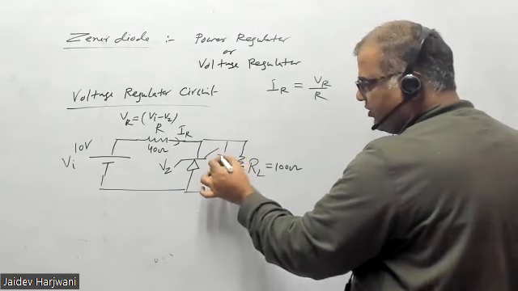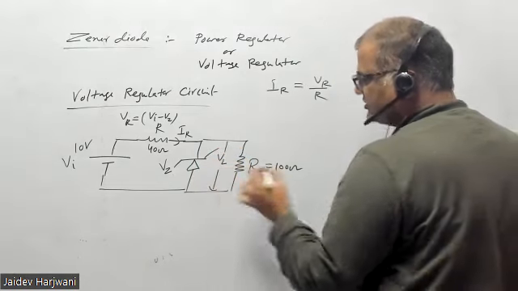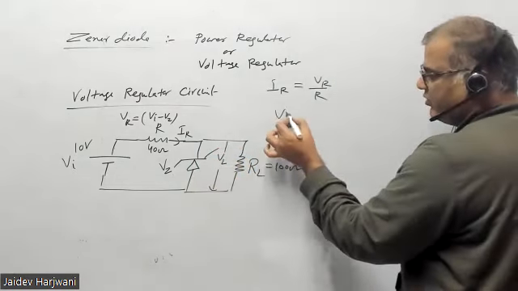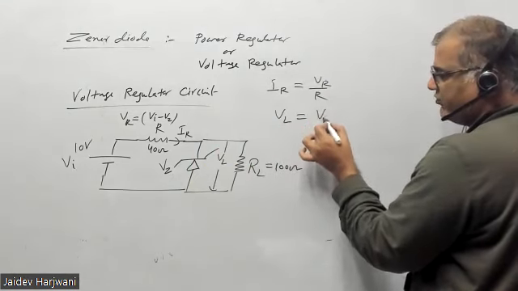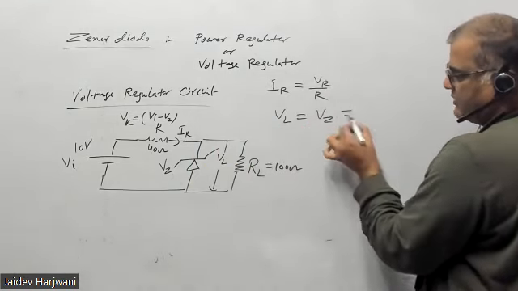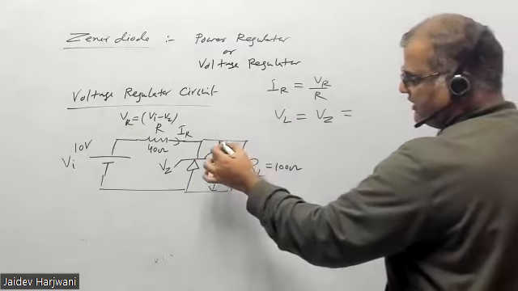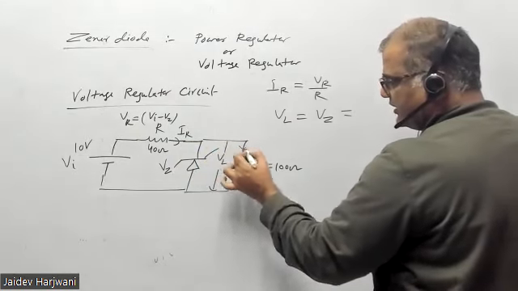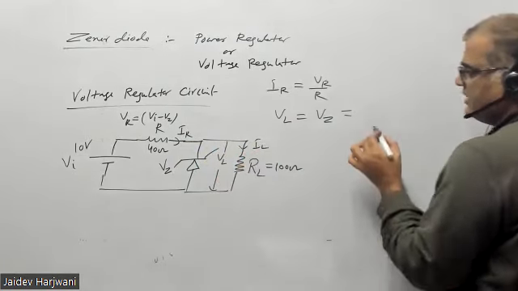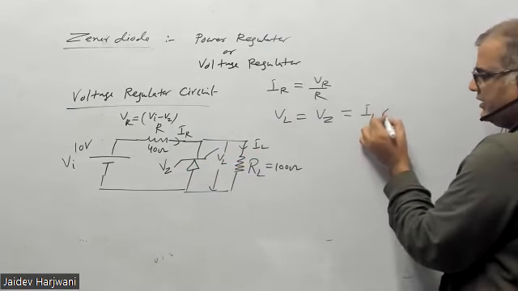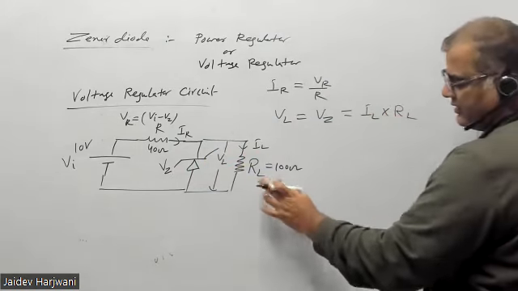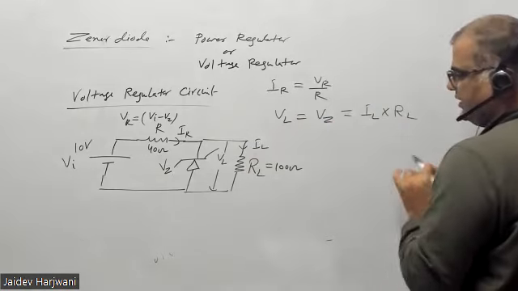That means the load voltage is also fixed. So load voltage is equal to the Zener voltage, and that is equal to IL into RL, where IL is the current in the load.